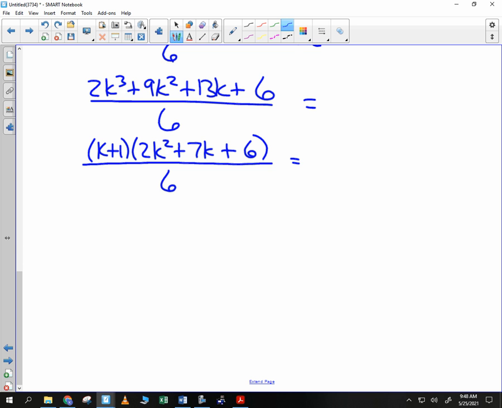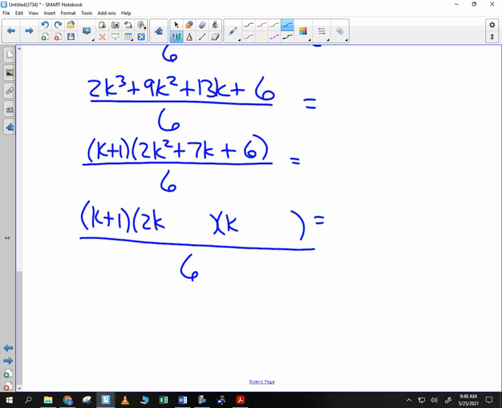Does the 2K squared plus 7K plus 6 factor? Yeah, let's factor that. We've got K plus 1 times 2K and K, what goes here? 6 and 1? Say plus 3 and plus 2? Are we okay with that?